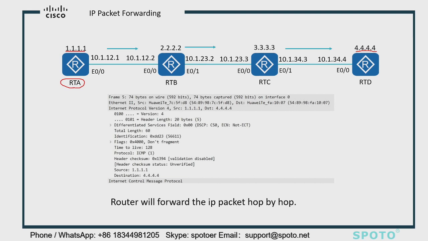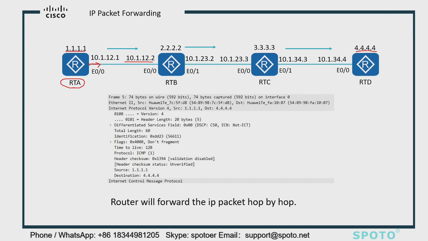It means RTA will search all its routing table and find the matching destinations, and select the one with the longest mask to forward this packet. The packet will be forwarded through this interface to RTB's interface with this IP address.